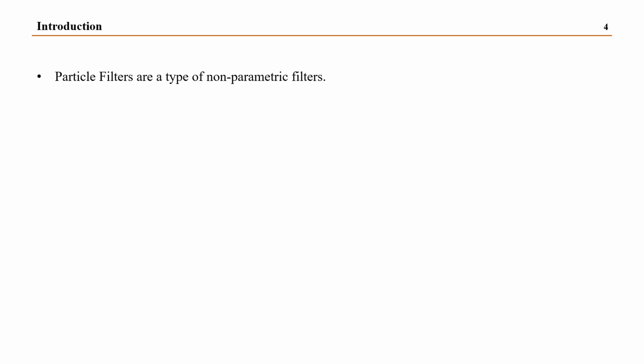This is in contrast to the EKF or the Kalman filter in general, because these try to approximate the density or the posterior using Gaussians, which means that we parameterize the Gaussians using the mean and the covariance matrix. Particle filters, on the other hand, use samples from that type of distribution along with weights corresponding to each sample. So, as we said, we approximate the posterior using a set of weighted samples.